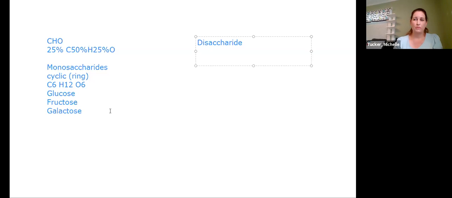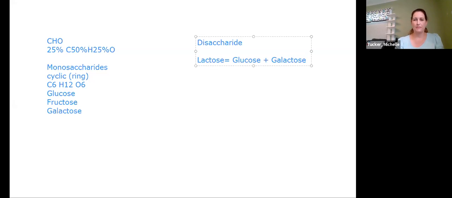So what you might have had is maybe you had milk on your cereal. And so milk is made up of lactose. So if you had milk, and some of you could be lactose intolerant, lactose intolerant individuals lack the enzyme to break down lactose into glucose and galactose.